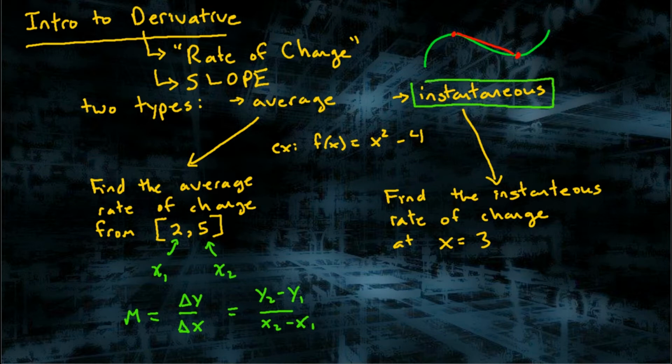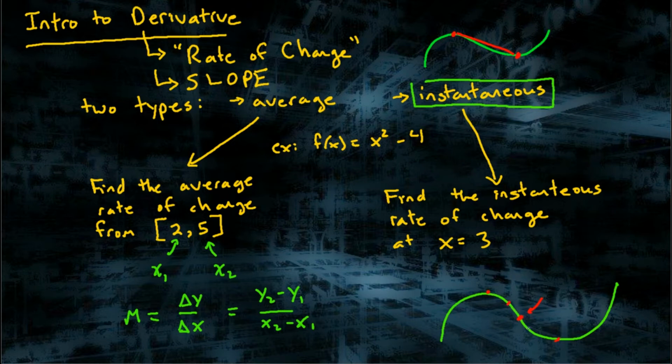That is the rate of change at, say, a certain point. So if we take a look at this picture, and I'll just draw it again down here, exaggerate it a little bit. Say I wanted the rate of change right here at this point. Now I could take these 2 points and estimate it by connecting a line right there and finding the slope.